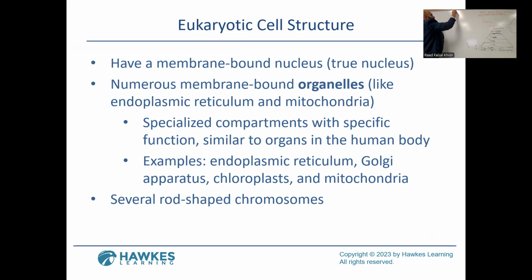So the eukaryotic cell has three compartments. What are the three major compartments of my eukaryotic cell? Number one, you have to have a plasma membrane.